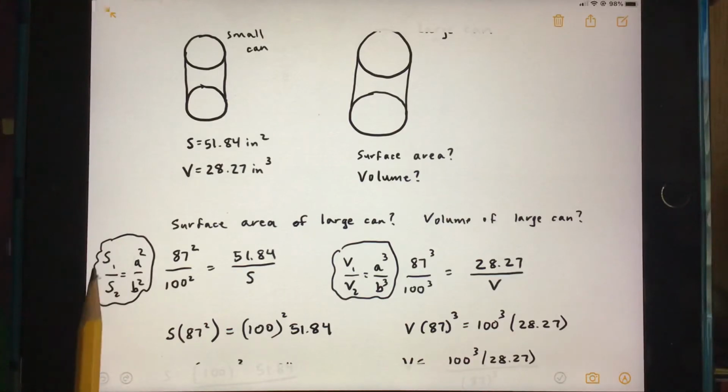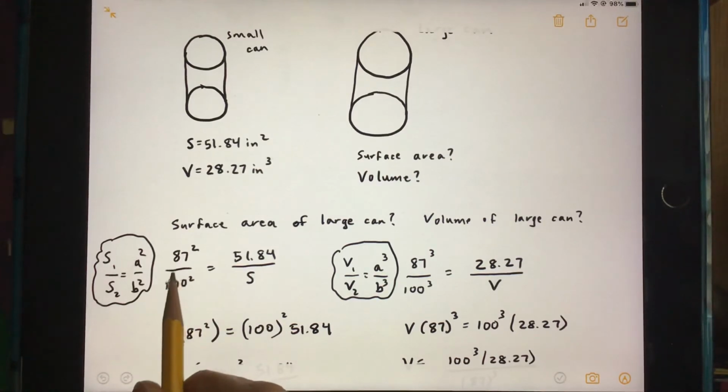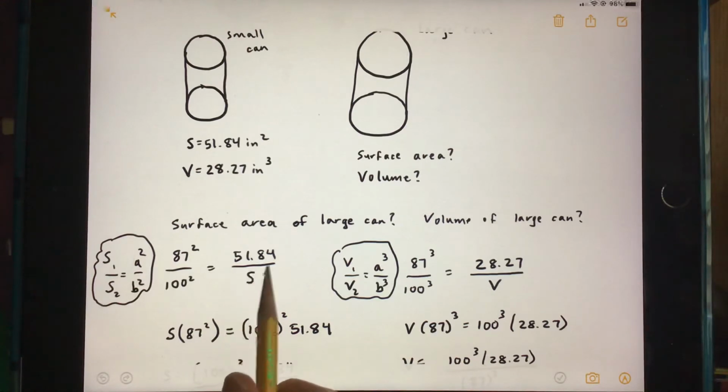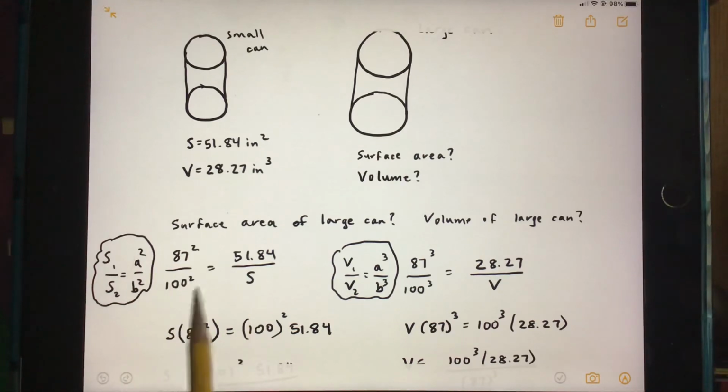Surface areas compare, surface area 1 to surface area 2, with a squared to b squared. Well, our dimensions here were given as 87 and 100, so that is our one dimension that we're working with. We need to square that, so 87 squared over 100 squared is equal to the surface area of the first one compared to the surface area of the second can, which is our large can. So 87 squared over 100 squared equals 51.84 over our variable surface area.